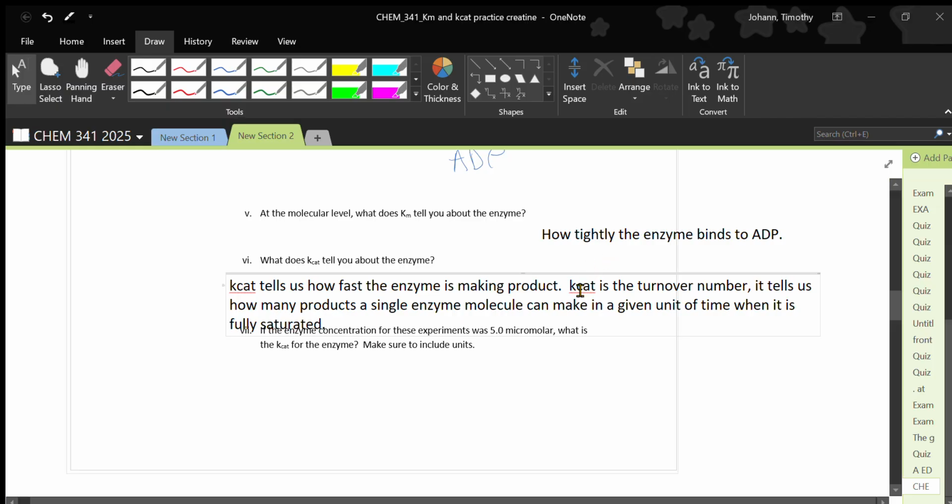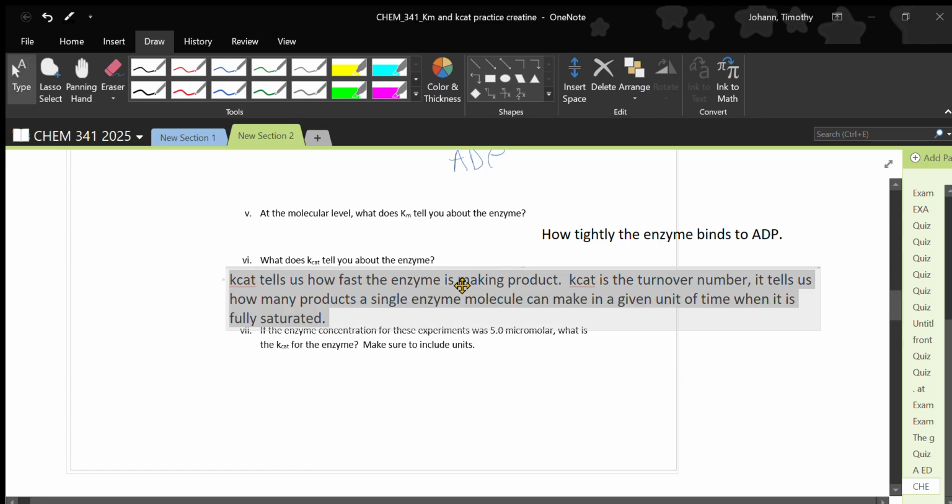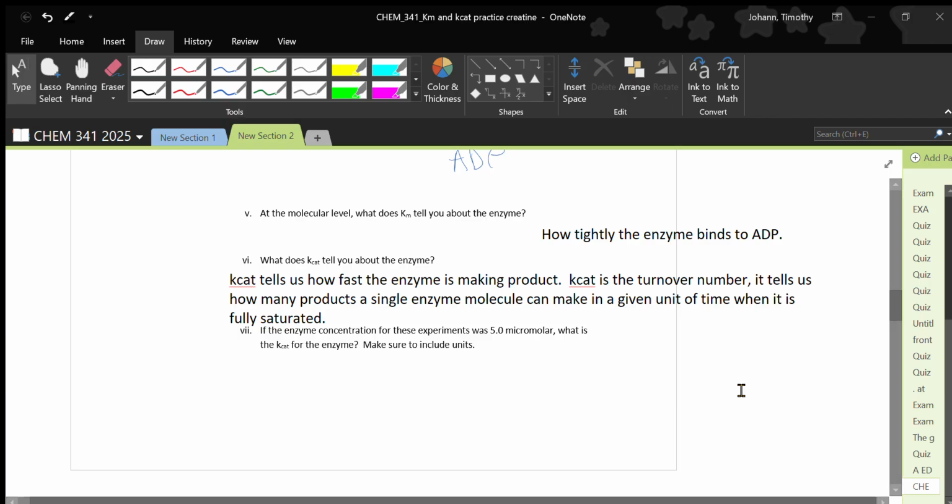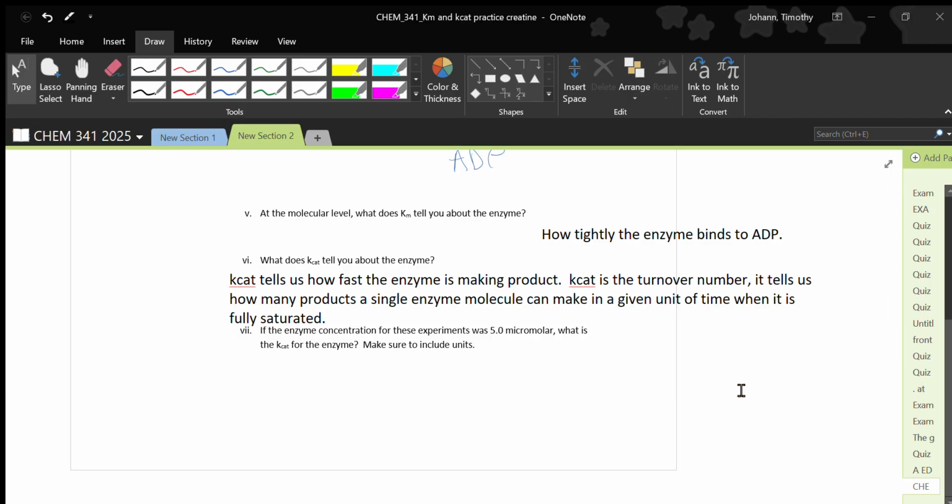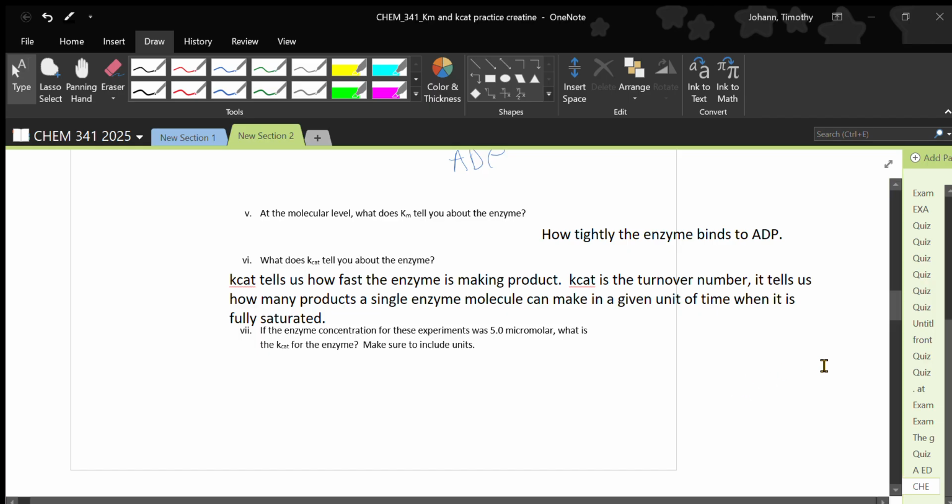And what I mean by fully saturated is what we talked about earlier. Fully saturated means that every time it makes a product, it immediately gets another substrate instantaneously. Okay. Questions?